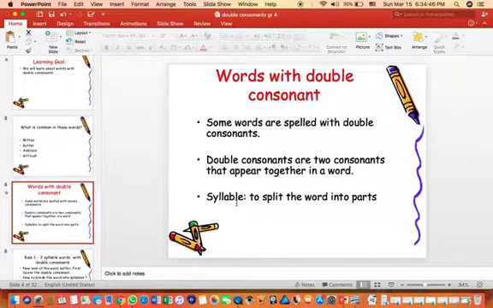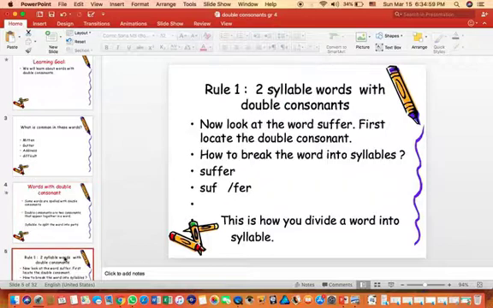But in today's lesson, we are going to focus on 3 rules only. These are the 3 rules that we need in our lesson today. Let's see rule number 1.